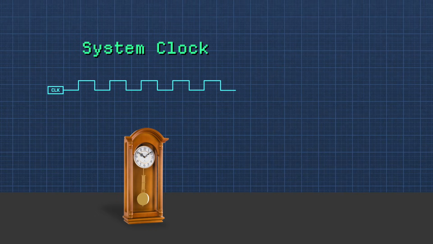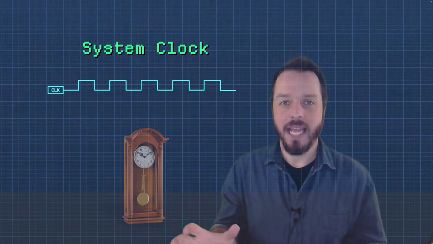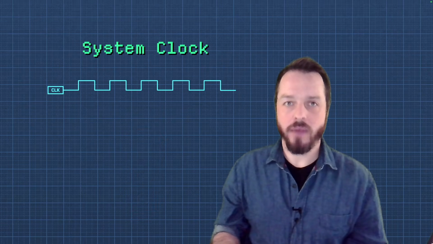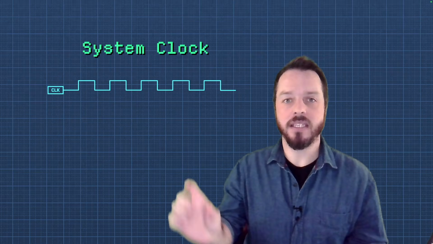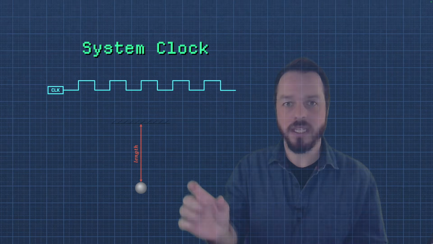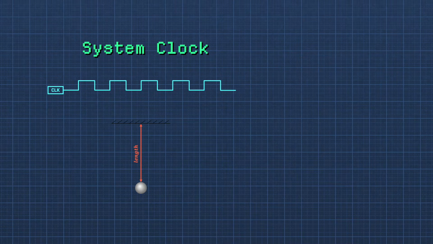I do remember if I went to a friend's house, they had a pendulum clock, really big, really majestic. That was one way: a pendulum that oscillates at a precise frequency. And I think we can all tell that the rate of that frequency is a function of the length of the pendulum.